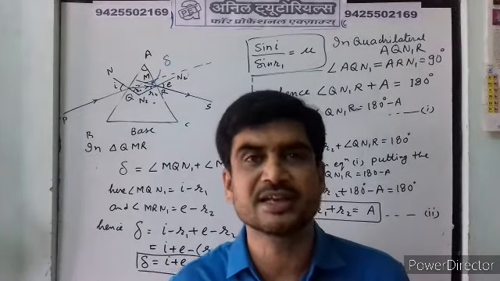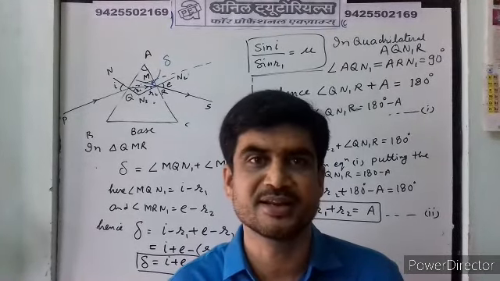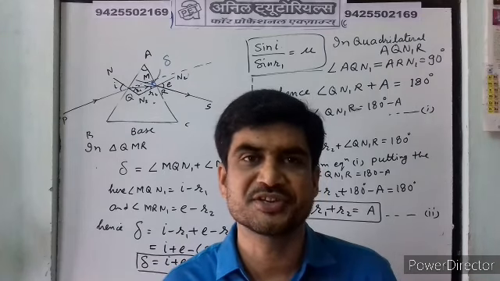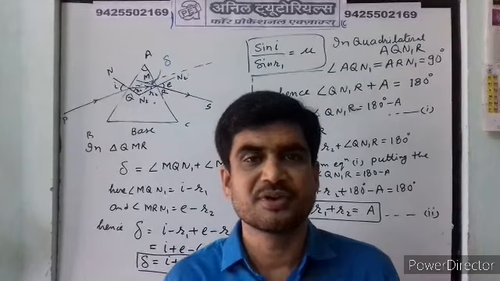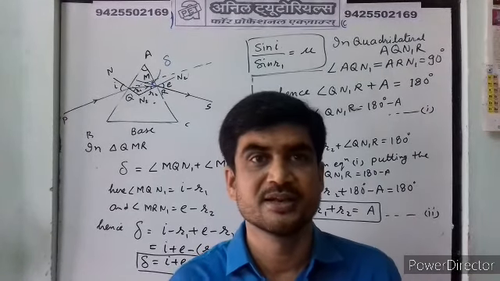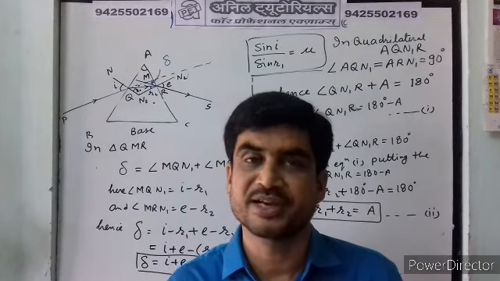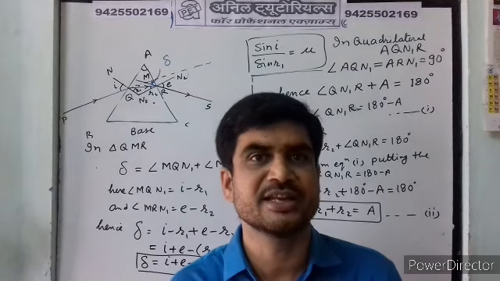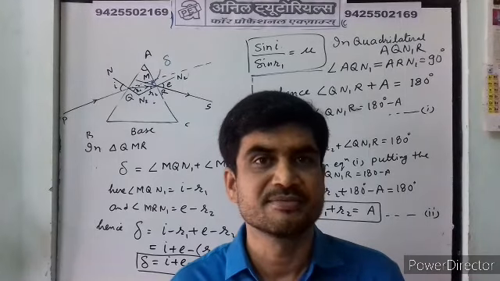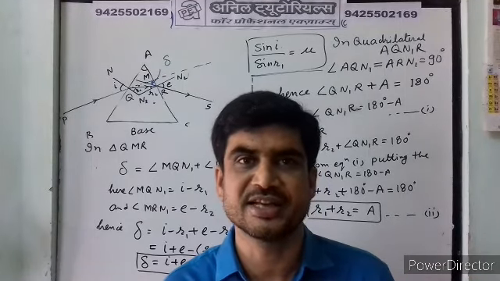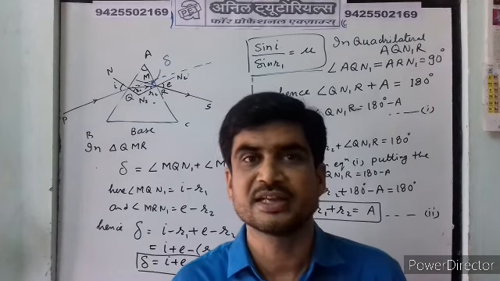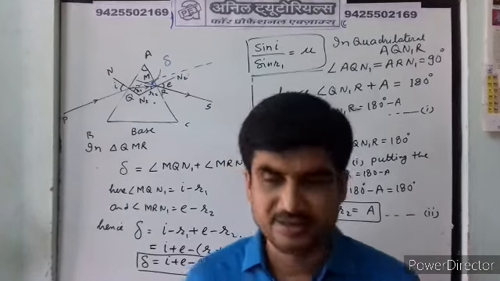You have to measure the angle of deviation for different angles of incidence, about 7 to 8 observations. Take the angle of deviation for a 30-degree angle of incidence, then I equal to 35 degree, 40 degree, 45 degree, 50 degree, 55 degree, 60 degree, like this.